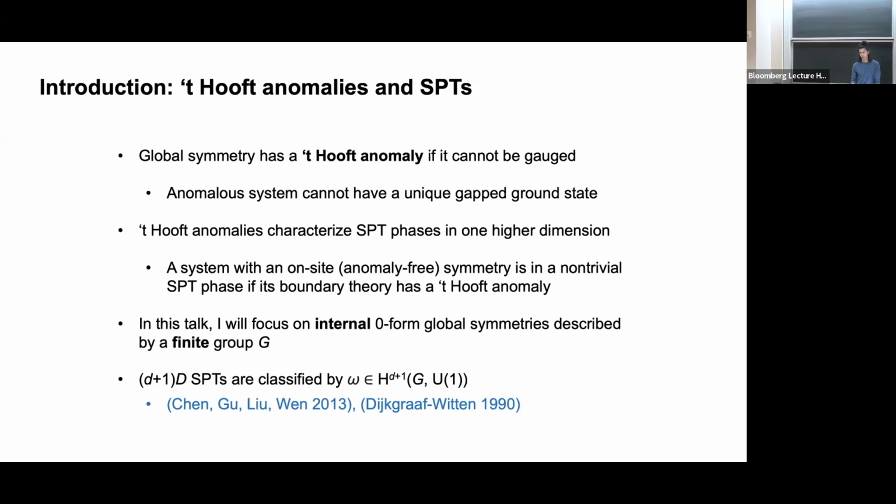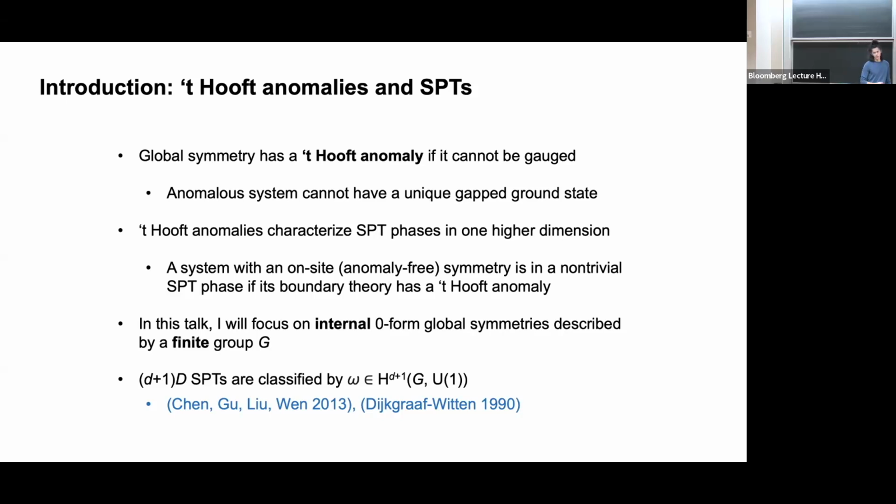In particular, a system with some anomalous symmetry is basically not allowed to lie in a trivially gapped phase. Either it has to be gapless, or if it's gapped, then there must be some non-trivial topological order or some form of spontaneous symmetry breaking.